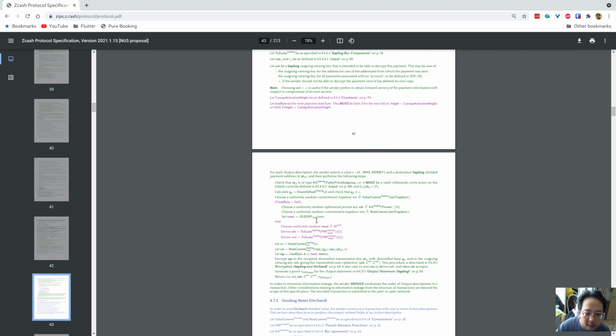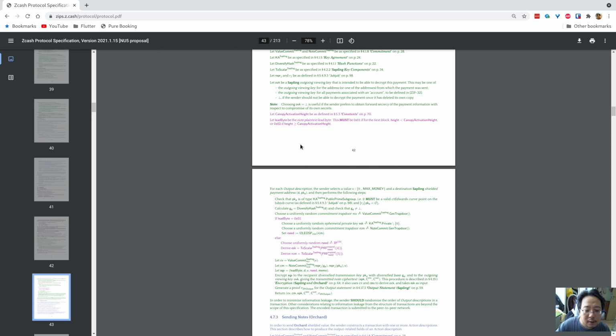Okay, so you can read this part here. But basically what's going on here is that there's the key that's going to be used to encrypt the node, and that key has to be derived from your address. Okay, let's make it easier than what it is. The protocol is quite complicated.